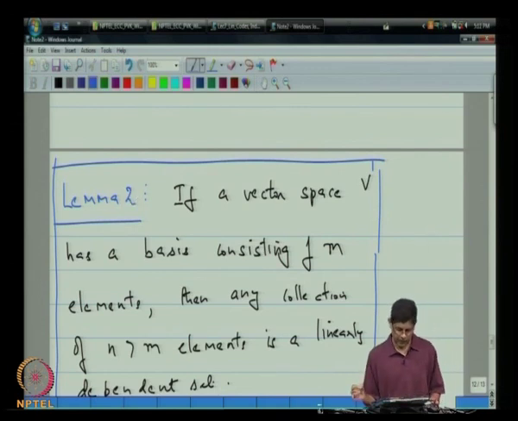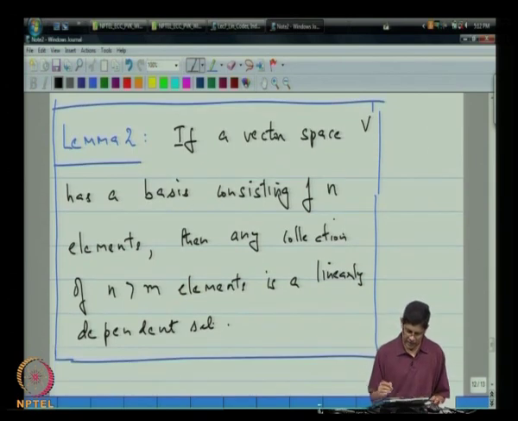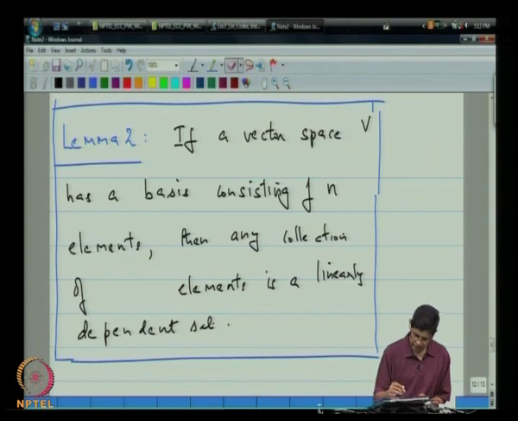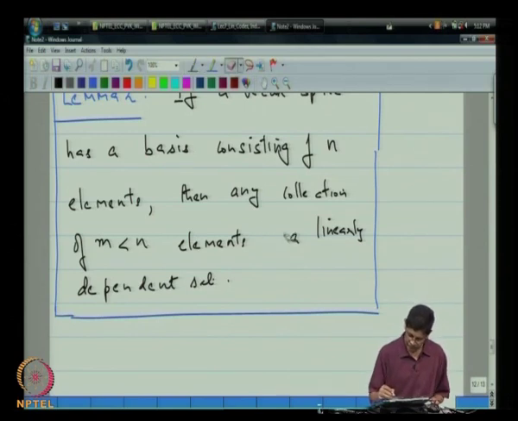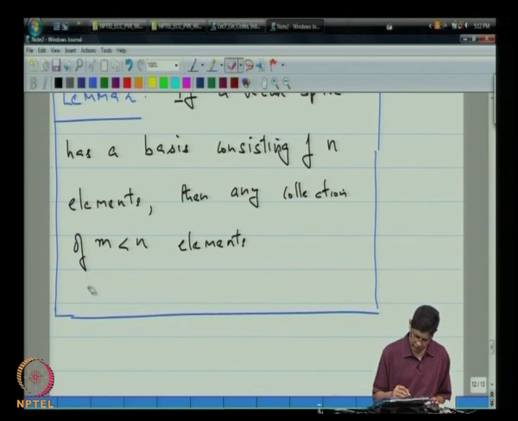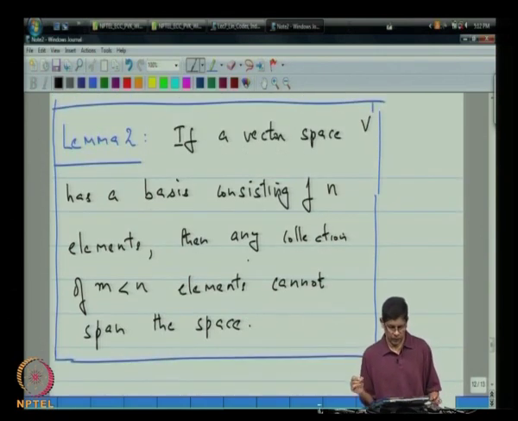Lemma 2: if a vector space V has a basis consisting of n elements, then any collection of m elements, with m less than n, cannot span the space.